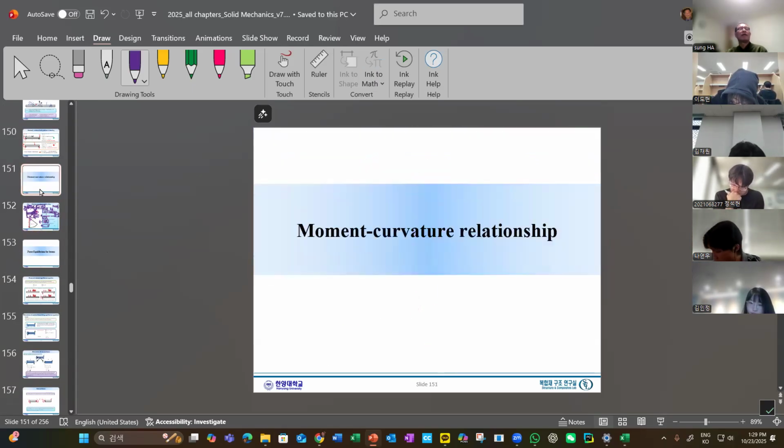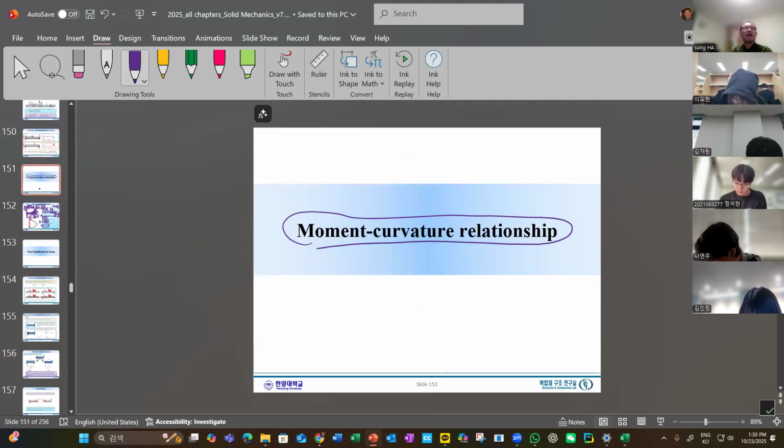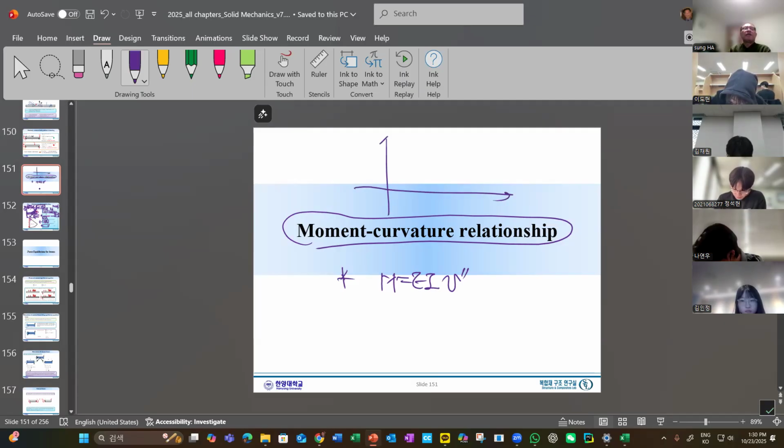This is the moment curvature relation. I would say moment is equal to EI v second derivative. So again, let me refresh our goal.